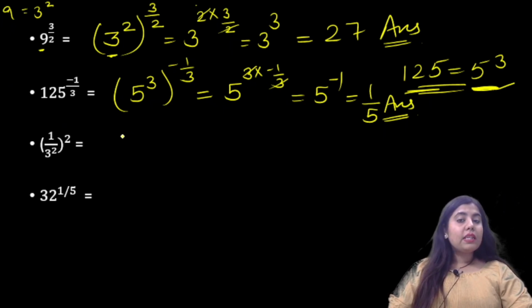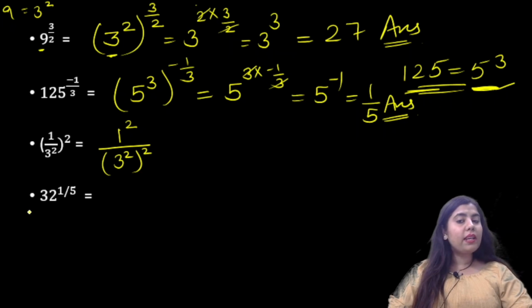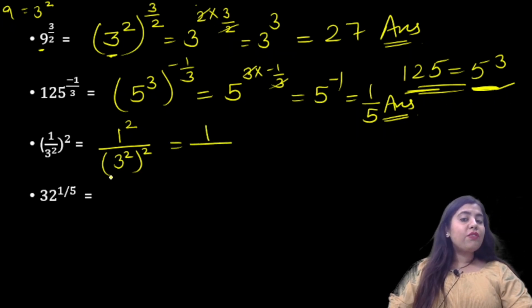It means numerator and denominator will get different powers. Now we can write it as 1 square by 3 square, whole square, right? 1 square is 1 only and it is of type a raised to the power m raised to the power n, so it is a raised to the power m multiply n.